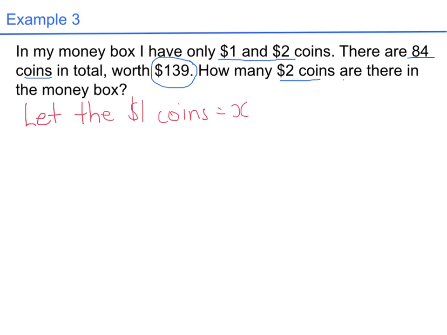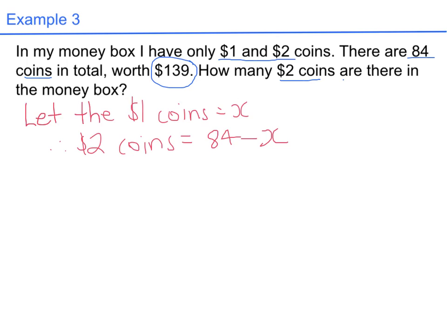Now I know I have 84 coins in total, and I've allocated a pronumeral to the $1 coins, calling it x. If the number of $2 coins is equal to the total, which is 84, minus the $1 coins, which is x, the $2 coins would be equal to 84 minus x.